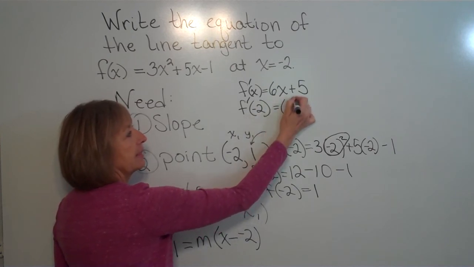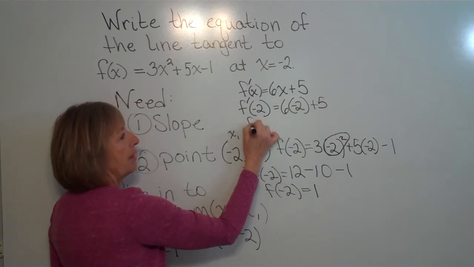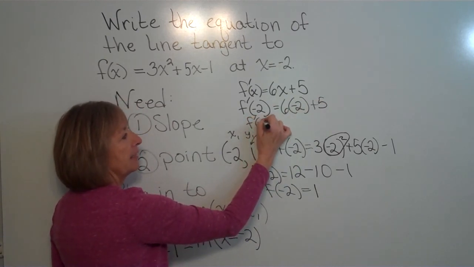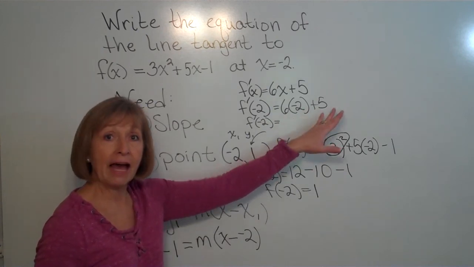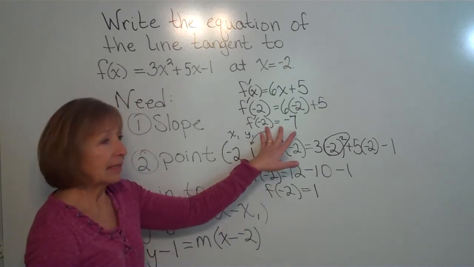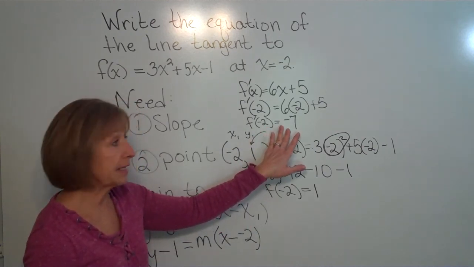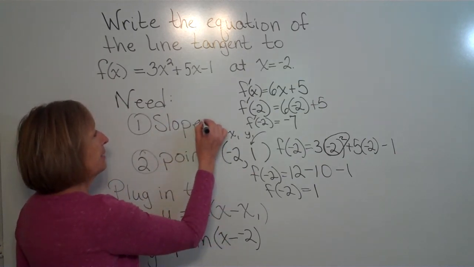So that's 6 times negative 2 and then plus 5. So my derivative evaluated at negative 2, well, that's negative 12 plus 5, which is negative 7. And that's the slope of the tangent at negative 2. And so that's what I have as my slope.